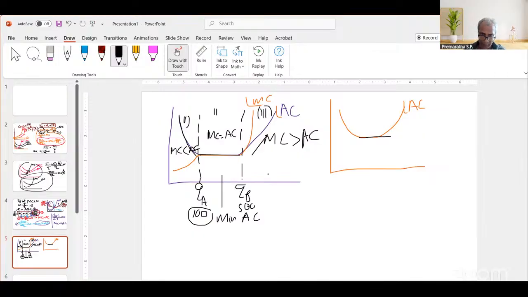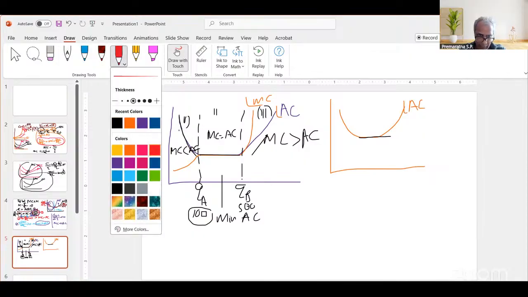Then if you expand further, let's say a very large firm, it again starts to increase. Why does this happen? Before answering this question, the first level, what we call in economics terms, economies of scale.